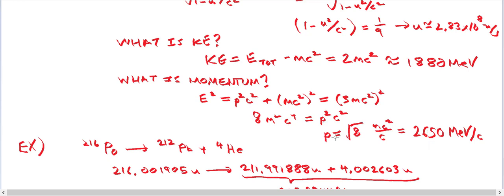But we know what mc squared is, right? Again, it's close to 940, it's 938 and change MeV. And so if I take that and multiply by root 8, I get 2650 MeV divided by c. So, try it for yourself.